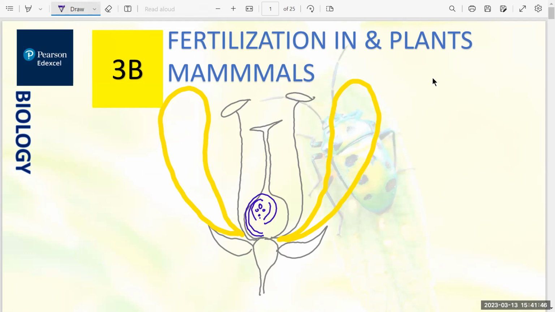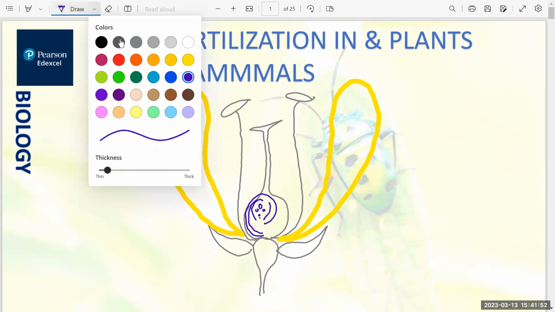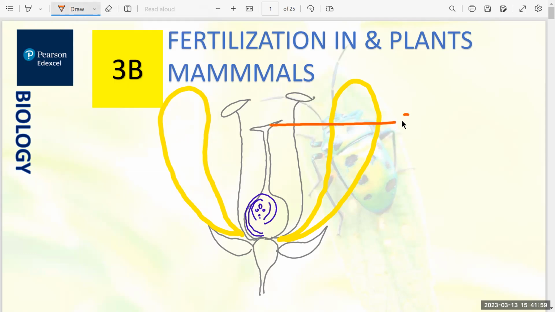Okay, this is the basic structure of the flowers, and we can name the first one. This is called stigma, and the long tube is called style, and the round shape is called ovary.